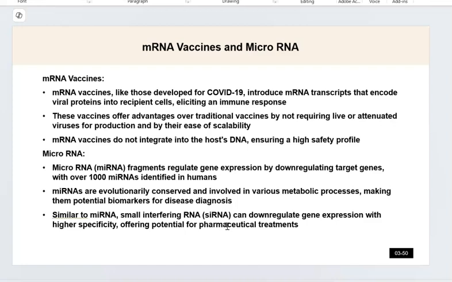So upon injection, these vaccines introduce an mRNA transcript, which is transported into the recipient cells. Once within the cell, the mRNA transcript enters a ribosome and is translated as any other mRNA, resulting in the production of a polypeptide chain.